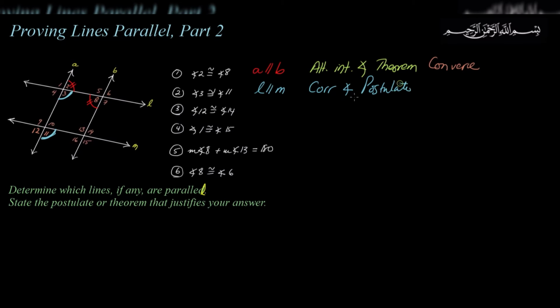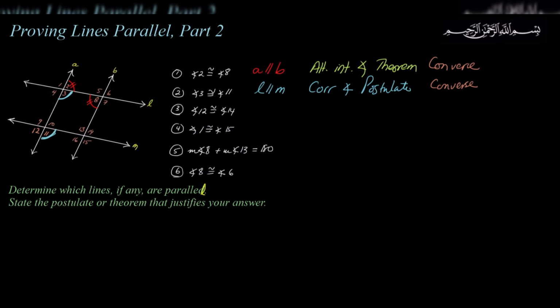That's the only postulate, remember? Corresponding angle postulate converse, right? So these theorems and postulates are all going to be converses that help us prove the lines are parallel. So this is the corresponding angle postulate converse: if two lines are cut by a transversal such that the corresponding angles are congruent, then the lines are parallel. All right, so that's number 2 here.